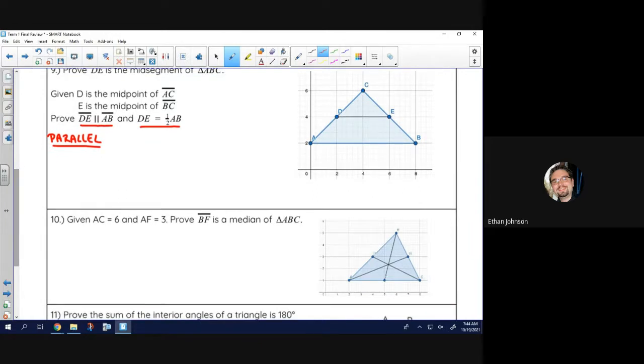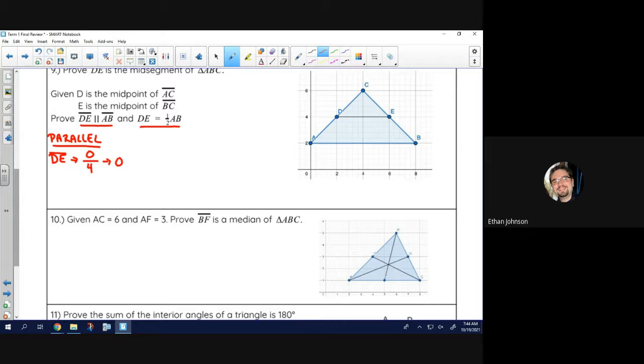So let's find DE first. We have no rise, so it's going to be 0 over, and we go over. Be careful. On our x-axis, if you notice, we're counting by 2's. So what may look like we're only going over 2, we're actually going over 4. So DE equals 0 over 4, or just 0.